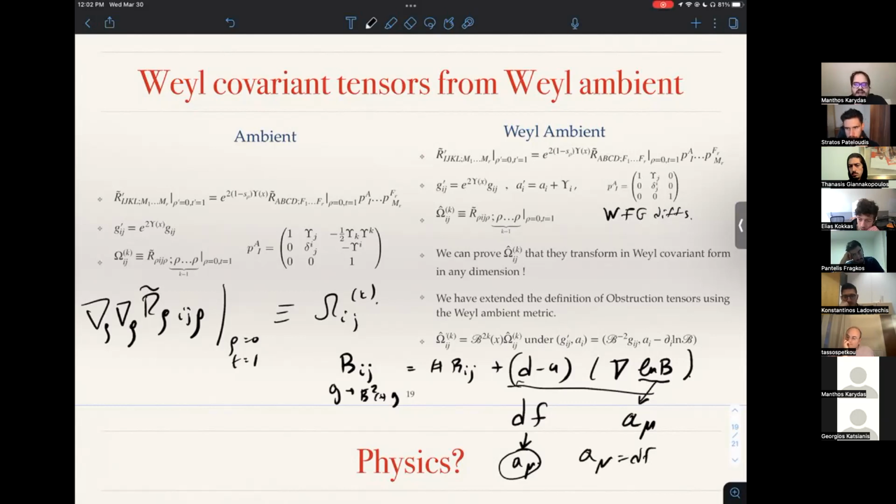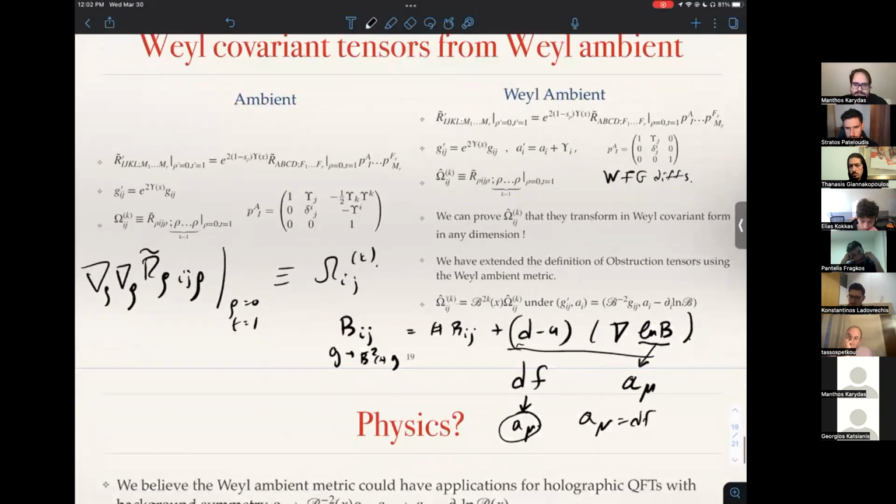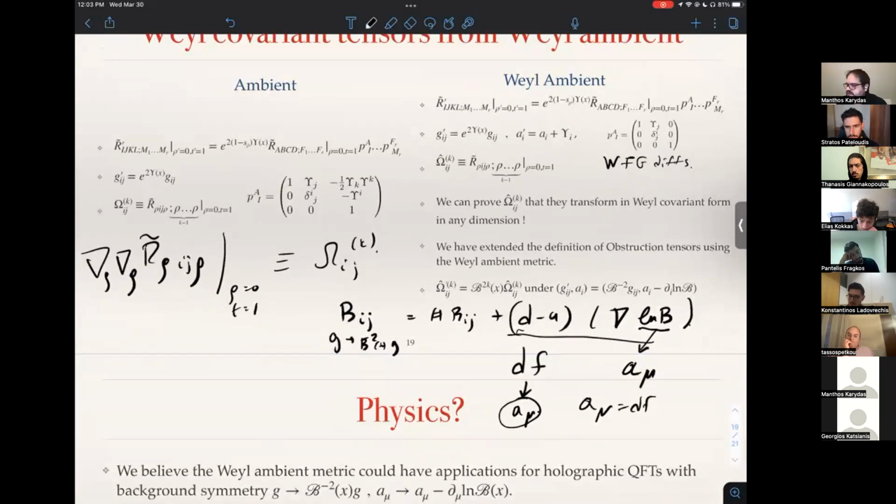So exactness will have a physical meaning, which would probably be the best place to start, to see what it means if you take a Weyl gauge field that is exact. But I don't know yet what it means. But indeed, that splitting happens.